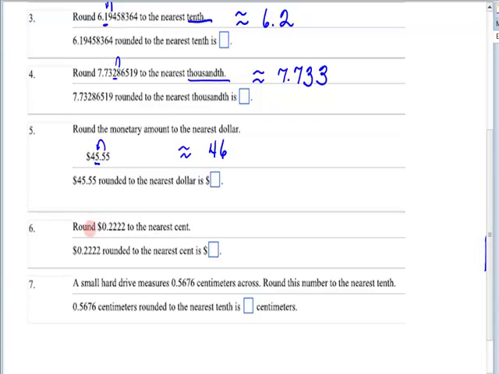Number 6 says round to the nearest cent. Now it doesn't specifically say it, but the cents is the hundredths place, and that's a 2. Behind it is a 2, so this will round to 0.22. The last place is the hundredths.